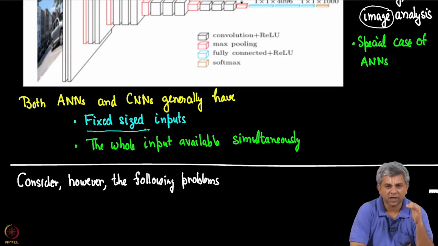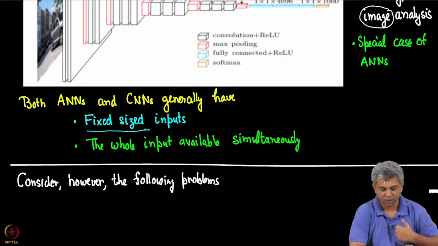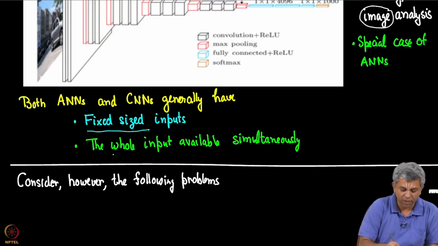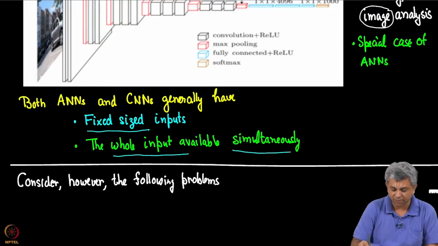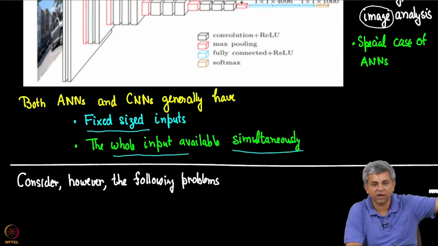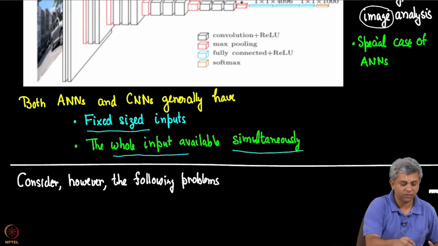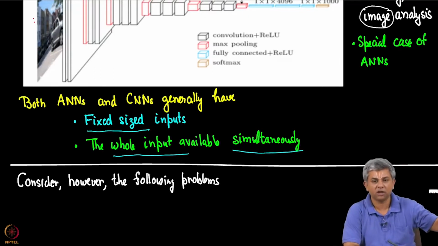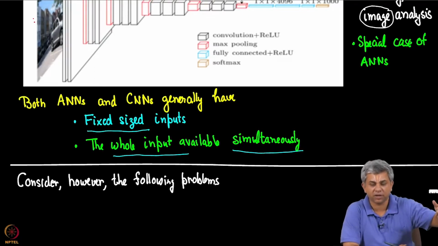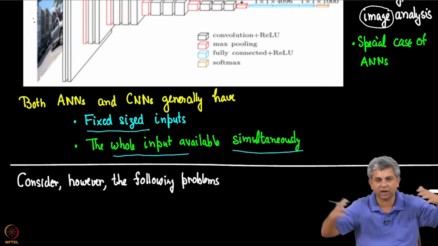Now, there is a subtle point here in what fixed size means. We will come to that when we come to RNNs, both in this video and in the next. Okay. Now, more importantly, you need that the whole input be available simultaneously. Okay. So, you have to give the input, for example, the image here has to be given in one shot, you can't later decide to give another image. So, that image is given and you get an output.